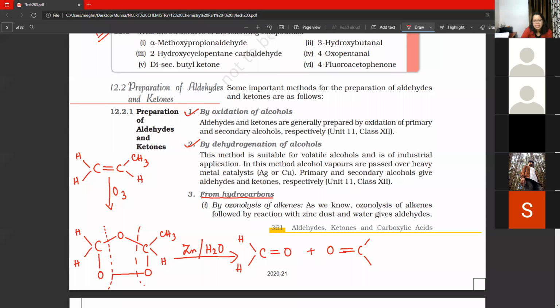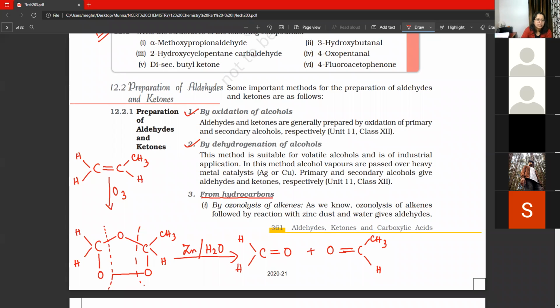There is no change in the side chain, so it remains as it is. So what has happened? We are getting formaldehyde and acetaldehyde. If, say, for example, both are methyl groups, we would have been getting the ketone only.